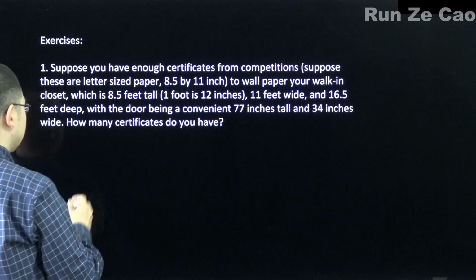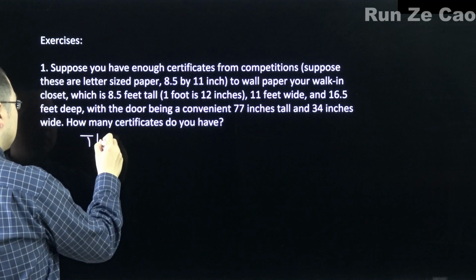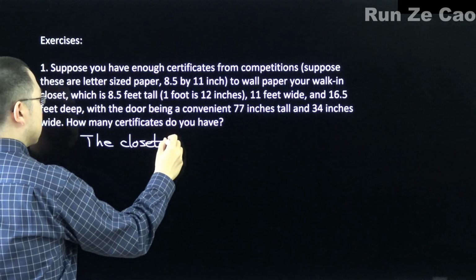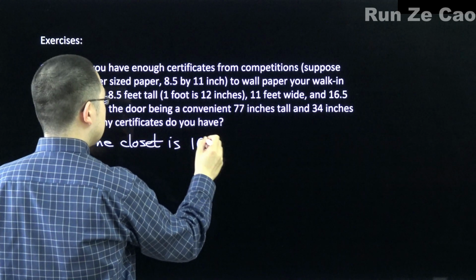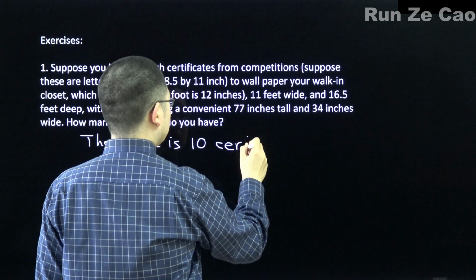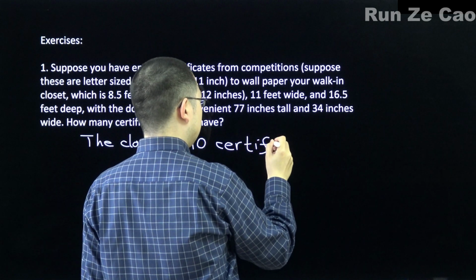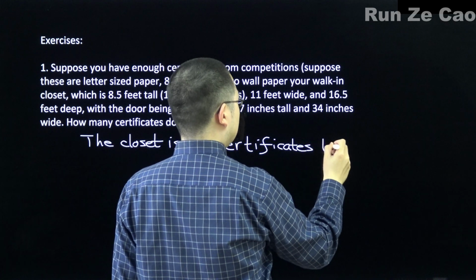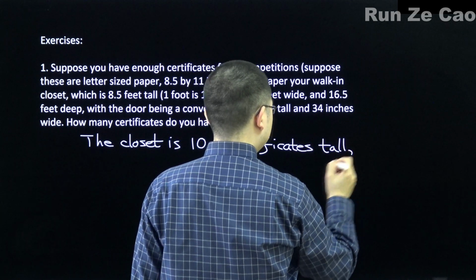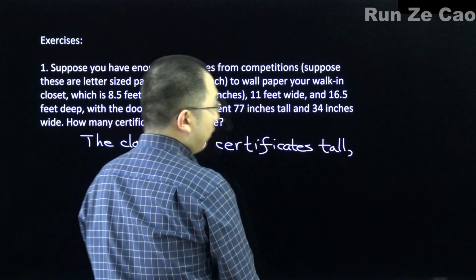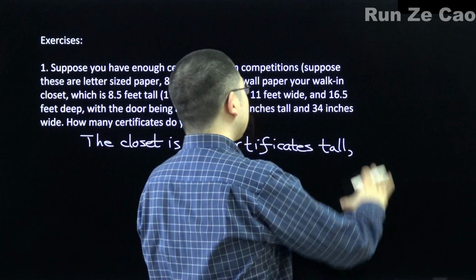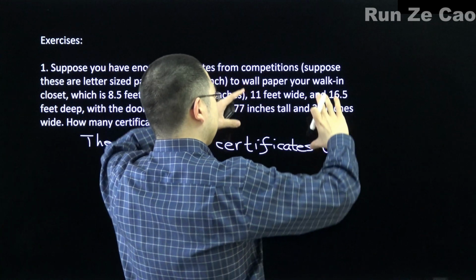So the closet is 10 certificates tall. Remember, most certificates are printed in landscape, so this wouldn't even be turning the certificate on its side.